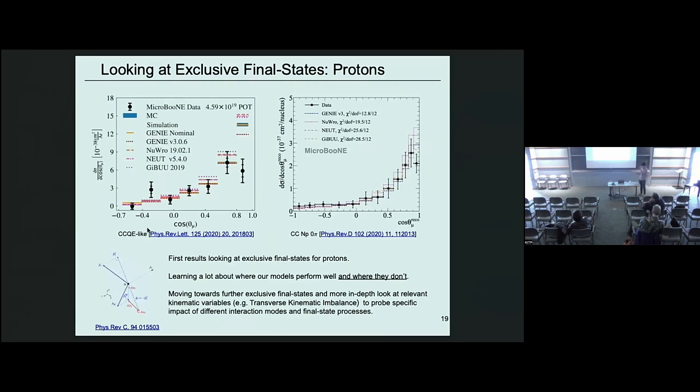CCQE-like tries to take advantage of the fact that we see both the muon and the proton and can use that information to constrain the type of interaction mode we're in. As we've discussed, we all know there's much more going on there than just CCQE, but nonetheless it is using kinematics information to try and constrain. So in one you use the kinematic information to get E_nu, while in the other you add a proton. Yeah. Okay.